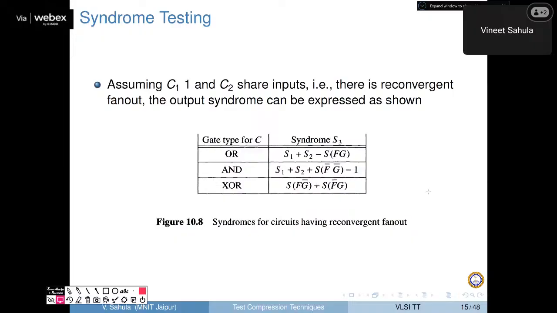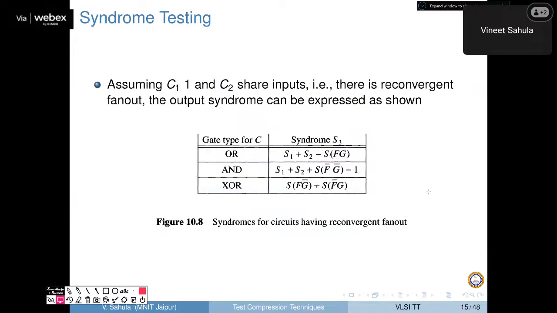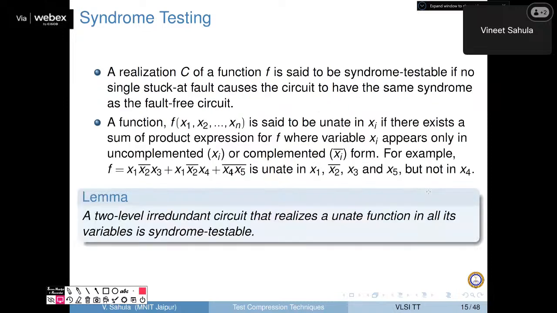So for this syndrome testing, among all the four: ones count, transition count, parity count, and the syndrome, the best way to know about this is the redundant circuit without common inputs. What is a common input? It is fan out. We'll see that later. Till now we have presumed the inputs N1, N2 are mutually exclusive.